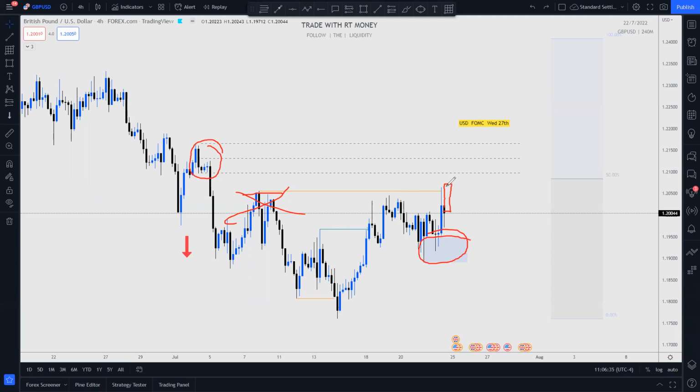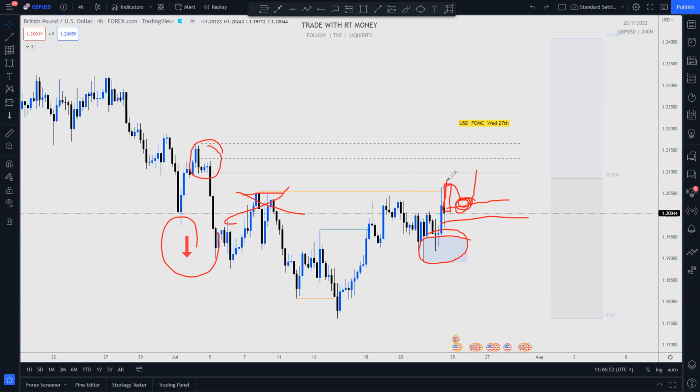All right. I wait for price to come back to the demand that is left for a higher probability trade to the upside. All right. This goes against the larger trend. The larger trend is bearish, but this is a higher probability trade.